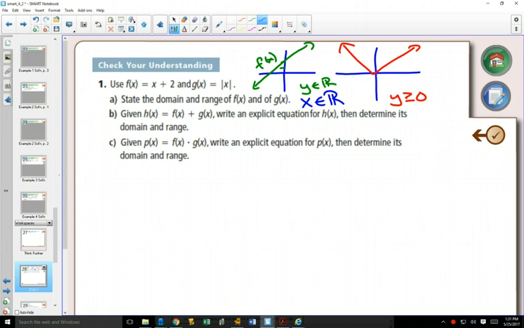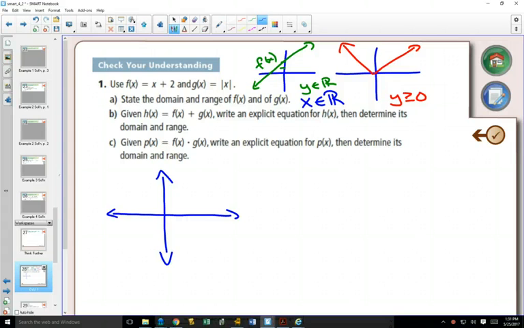Now they want to see what happens when you add h of x equals f of x plus g of x, and then we're going to write an explicit equation for h of x and determine its domain and range. So let's start adding some y values, because this is going to be an interesting graph in the end.